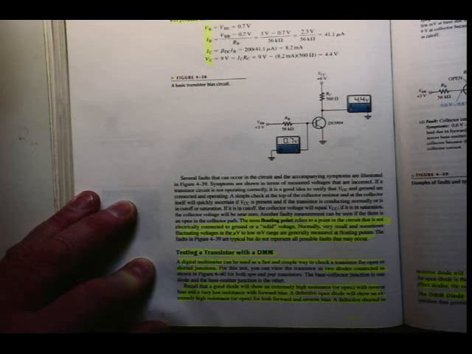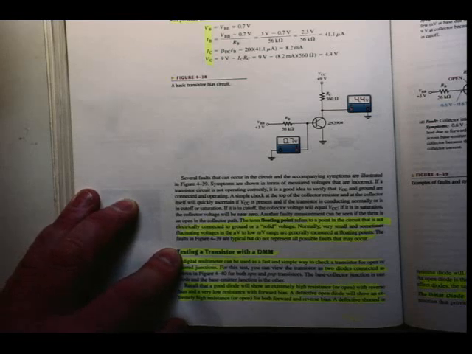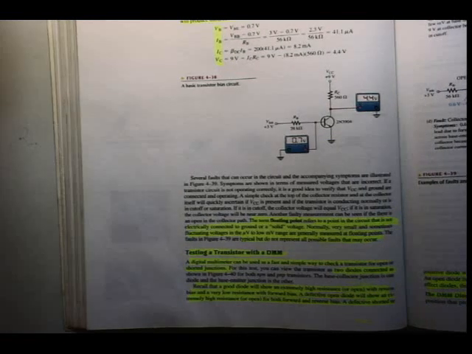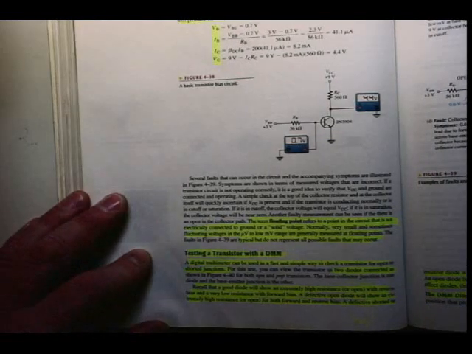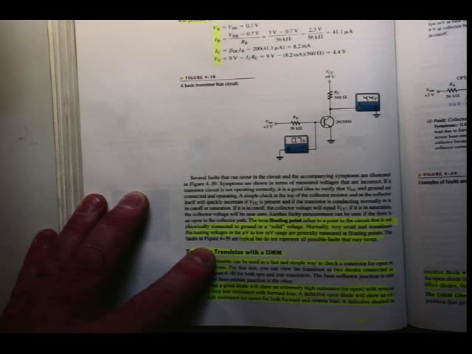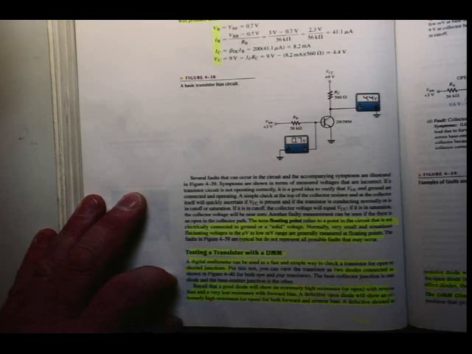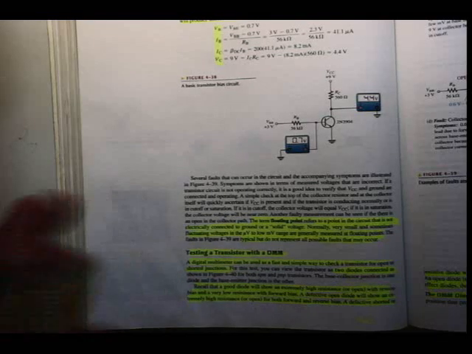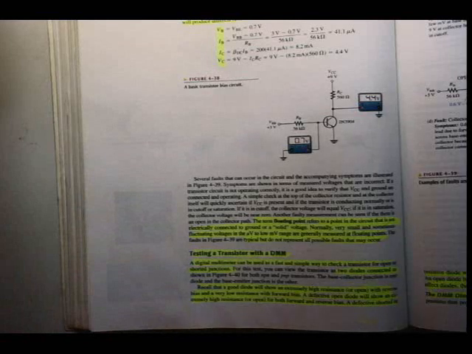A floating point refers to a point in a circuit that is not electrically connected to ground or a solid voltage. Normally a very small and sometimes fluctuating voltage in the microvolt to low millivolt range is generally measured at floating points. The figure 4.39 faults are typical, but do not represent all possible faults, of course, that may occur, but they are the typical types of faults.